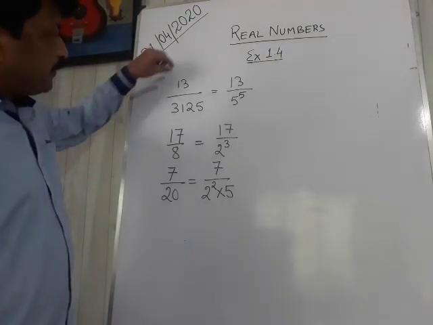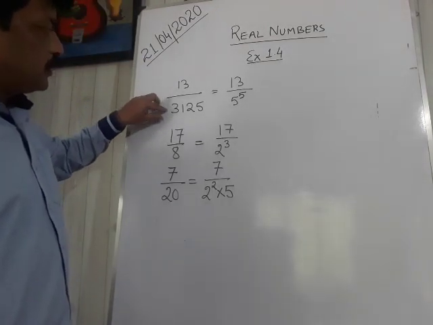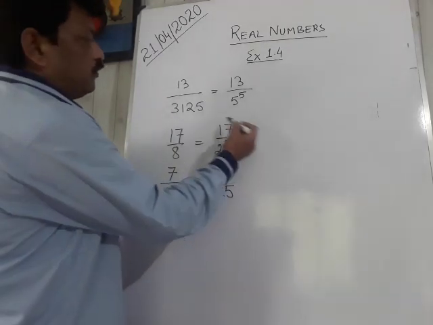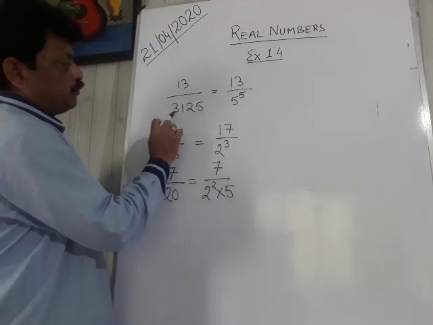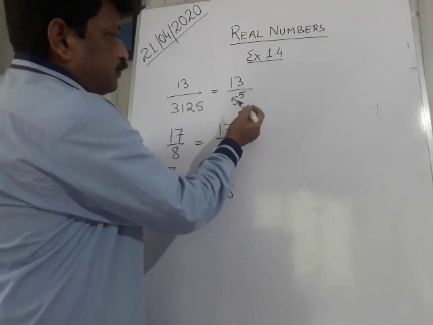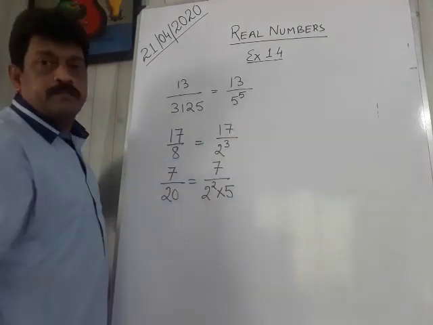See these fractions, 13 upon 3125. This is in the standard form. Now if I am factorizing 3125 into prime factors, I am getting 5 to the power 5.